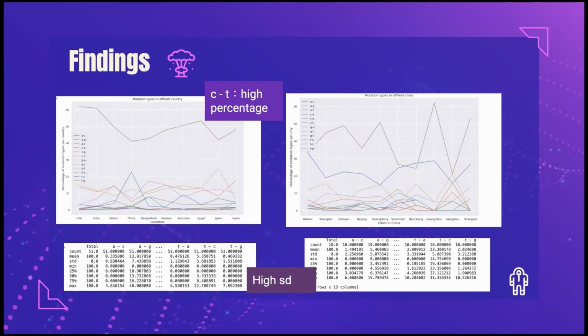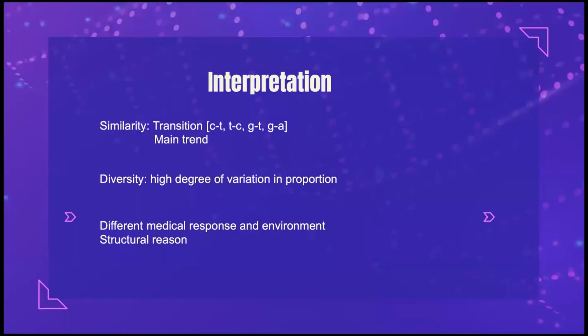In the direction of mutation, the C to T transition is the main mutation type, followed by the A to G and G to A transitions. The difference may be due to different medical responses and environments, as well as epidemic prevention policies. But at a macro level, the overall trends are the same. For structural reasons, the more structurally similar the bases are, the more likely they are to interchange.